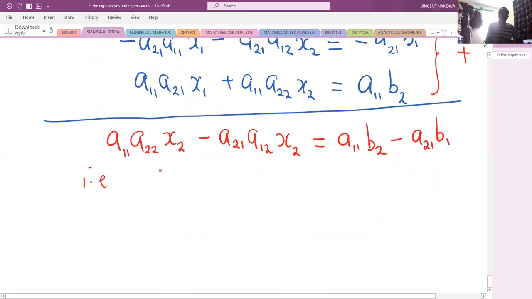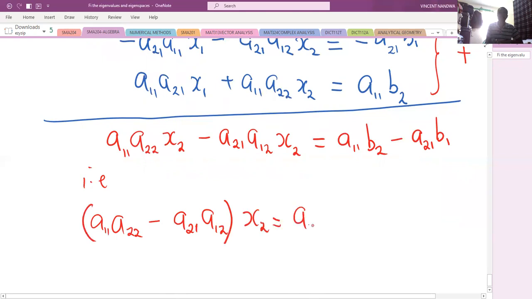That is, x2 is common, so we have a11 a22 minus a21 a12 times x2 equals a11 b2 minus a21 b1.